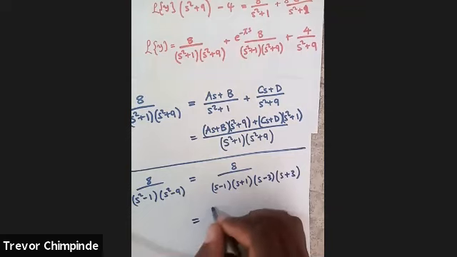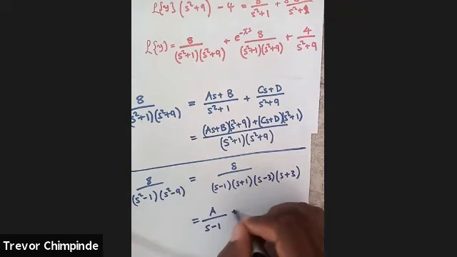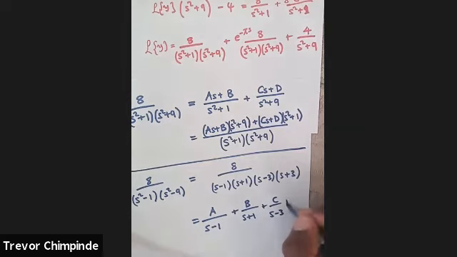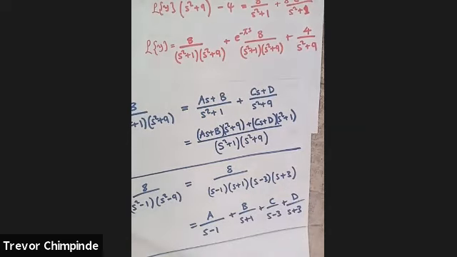So when you decompose into partial fractions, it's a over s minus 1 plus b over s plus 1 plus c over s minus 3 plus d over s plus 3. Yes. Okay, I think I kind of get it now. Thank you.